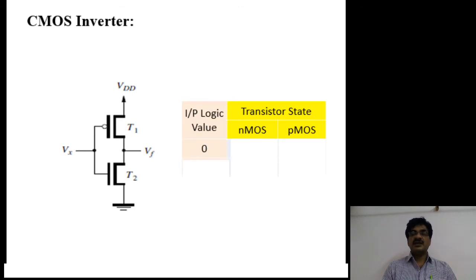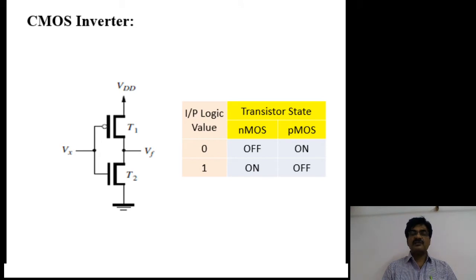If the input is logic 0, the state of the NMOS transistor is off, whereas the state of the PMOS transistor is on. Similarly, if the input value is logic 1, the state of the NMOS transistor is on, whereas the state of the PMOS transistor is off. If you remember this table, you can understand the working of any CMOS structure. Okay?